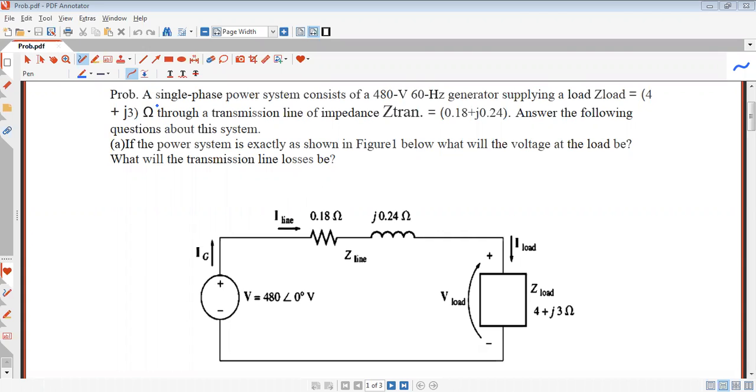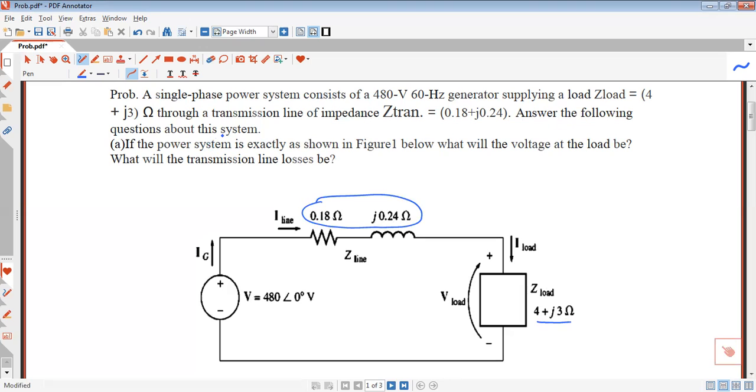So the question is: a single phase power system consisting of a 480 volt 60 hertz generator supplying a load of 4 plus j3 ohm, through a transmission line of impedance Z transmission, which is given as 0.18 plus j0.24 ohm.